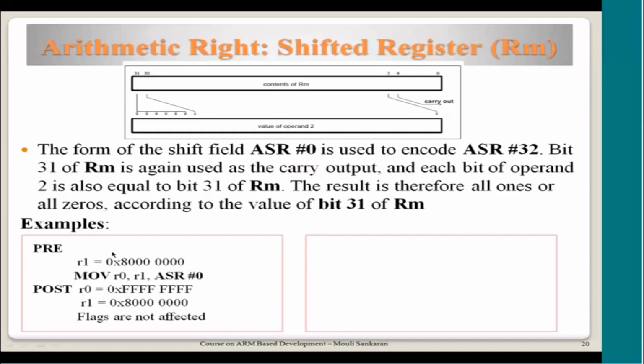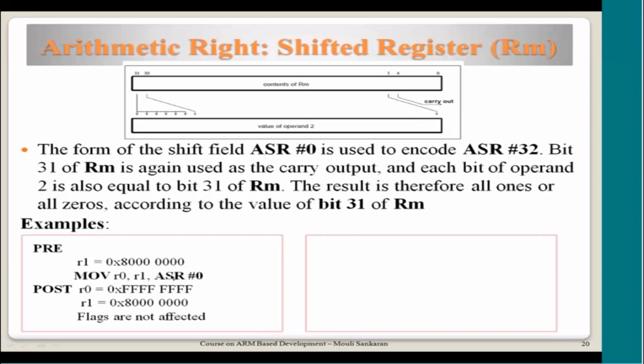That means MSB is set to 1. This is the RM, a parameter operand which is passed to the barrel shifter, and it says ASR 0. Actually, it is not performing a 0 arithmetic shift, which would mean no shift at all. It is performing a 32-bit arithmetic shift to right.